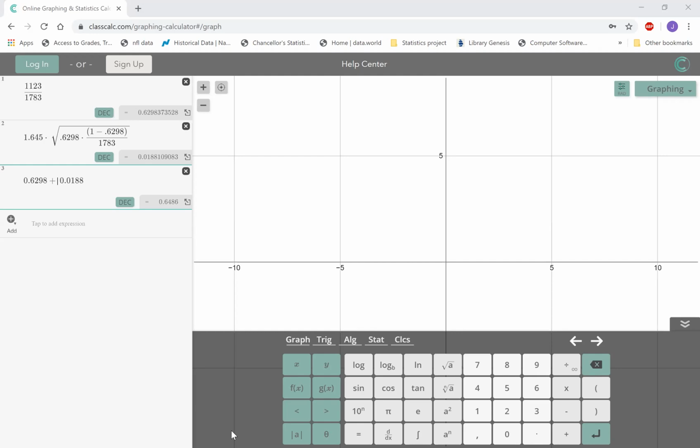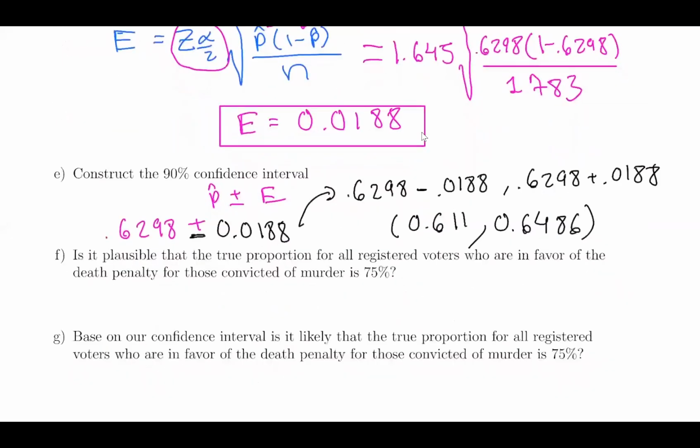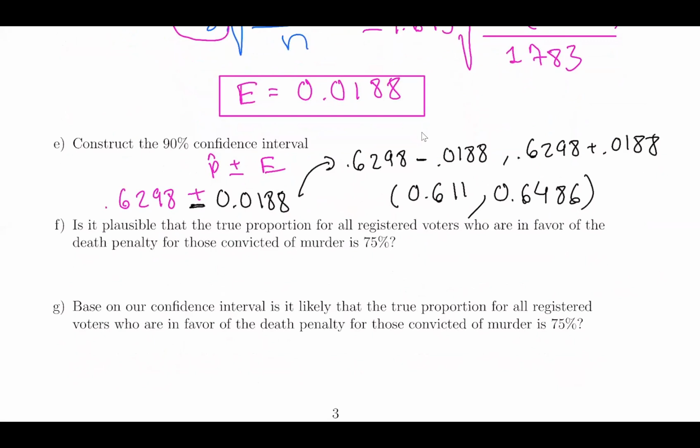Up next, we're going to get into the interpretation of this. So for part F, it says, is it plausible that the true proportion for all registered voters who are in favor of the death penalty for those convicted of murder is 75%? So for this one, is it plausible that the confidence interval is correct? Well, is the confidence interval always going to be correct? Like yes, no, maybe?